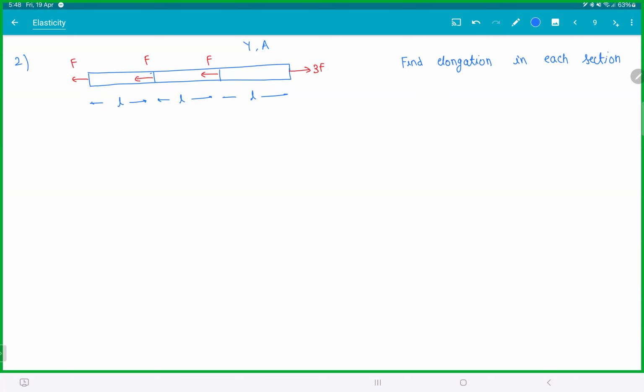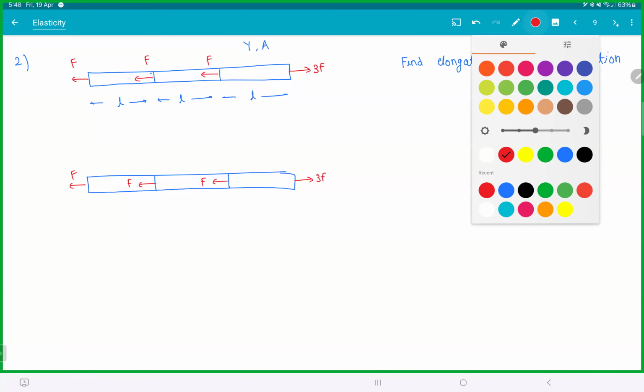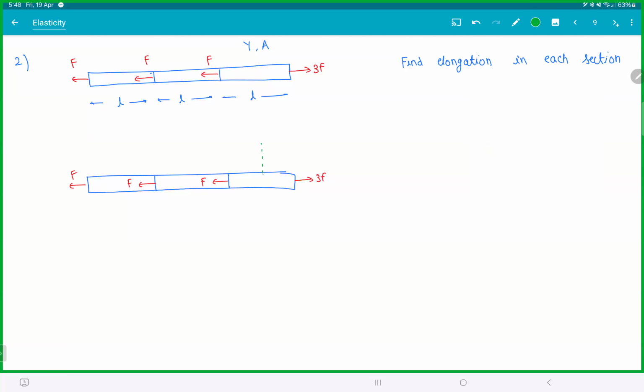First thing, find the tension. So if you cut the rod here, you can take the left piece or the right piece. So here the tension will be 3F.